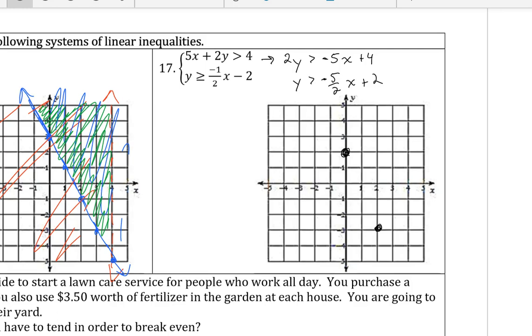We wanted a dashed line. Now let's go with some blue again. So this is my blue here. So I'm at negative 2, and then I go down 1 over 2. It's a solid line.